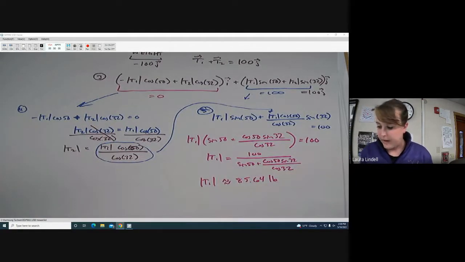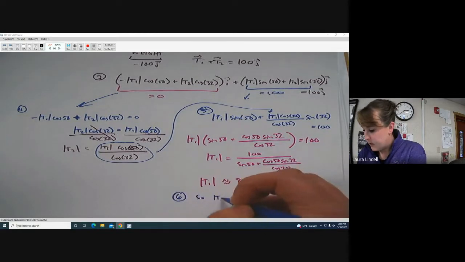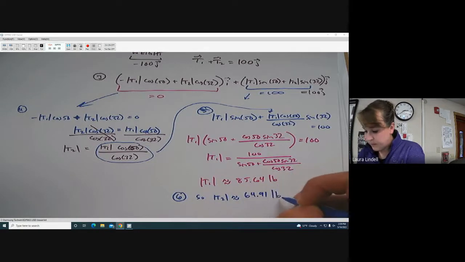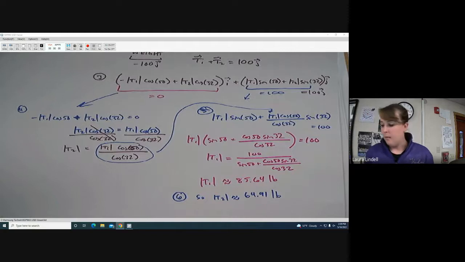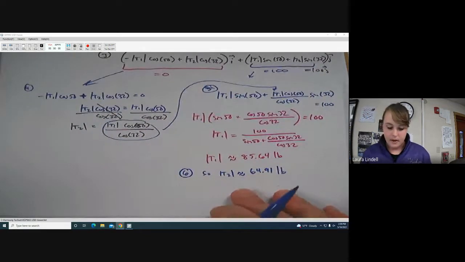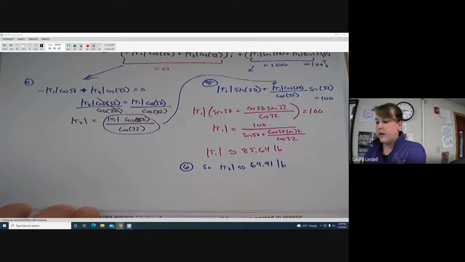So for the last part here, T2 would be approximately 64.91 pounds. So those would be the tension in the wires. And then you could also express those vectors in real terms.